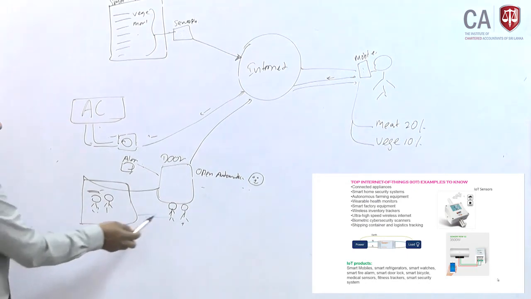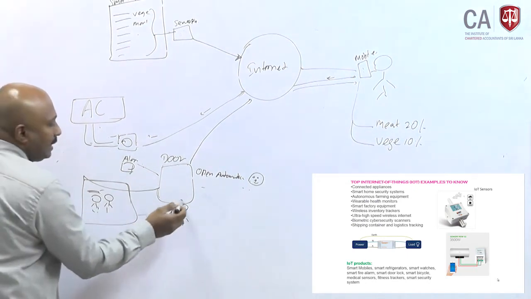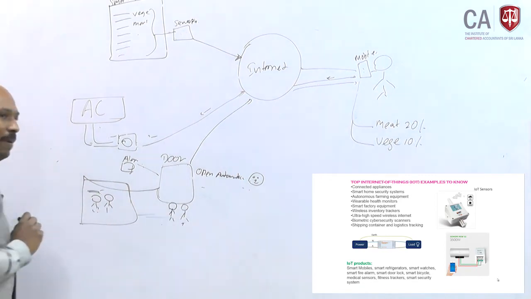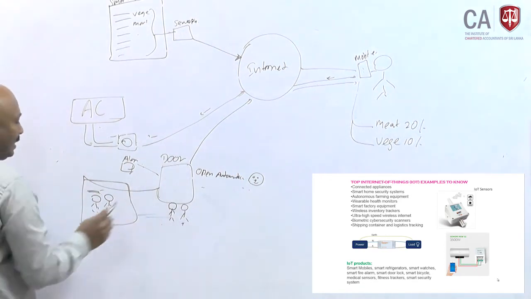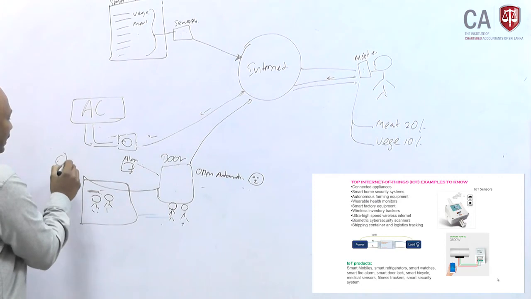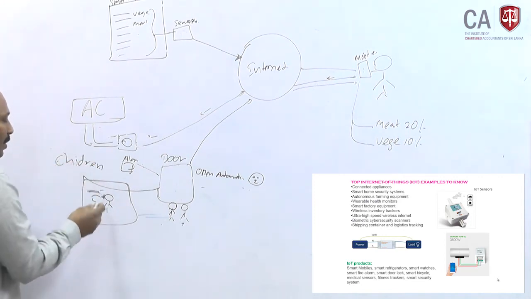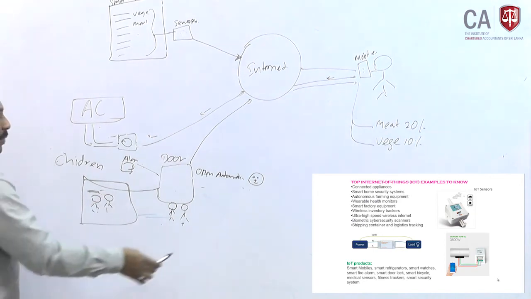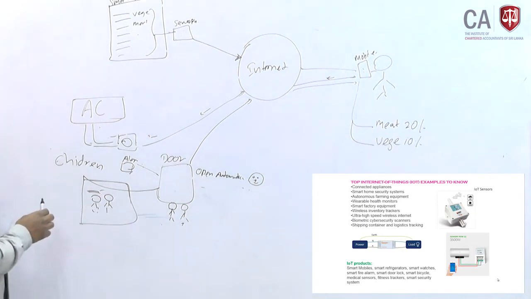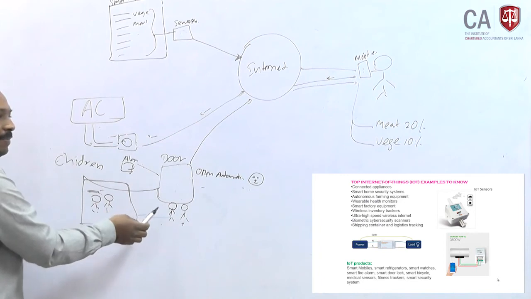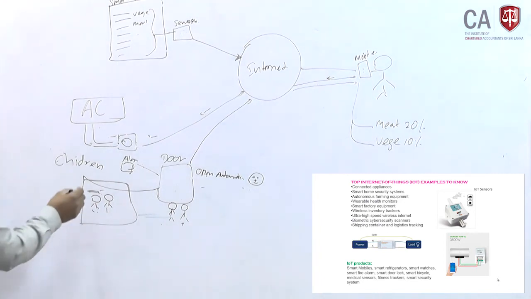So, grandparents are allowed. When grandparents come, the door opens automatically. When only the children are there, they get a voice message, oh, your grandparents came. When you come, they will get a message, your father came, mother came, like that.